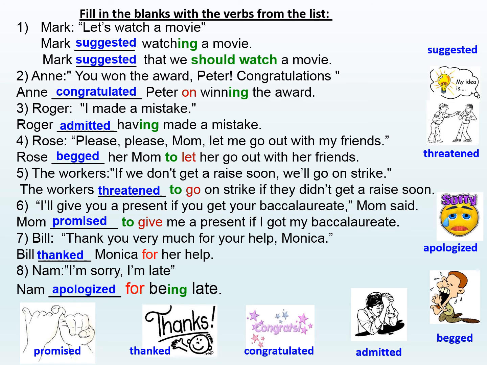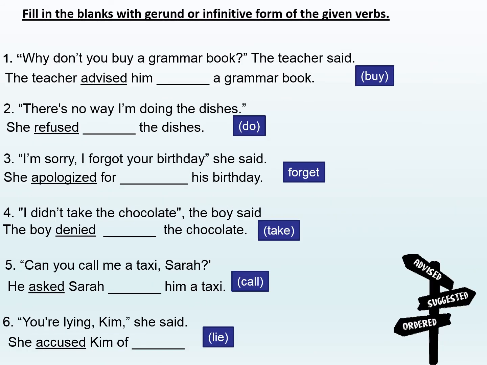What about another exercise? Okay, here is the second exercise, and in this one I'd like you to fill in the blanks with the gerund or infinitive form of the given verb. And the given verb in the first sentence is buy. So, why don't you buy a grammar book? The teacher said.